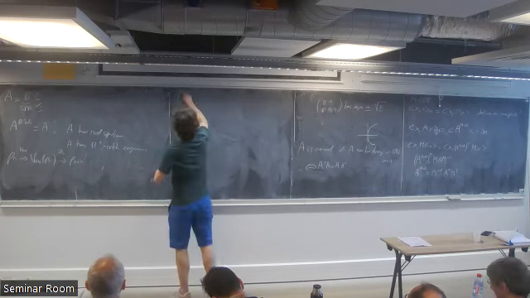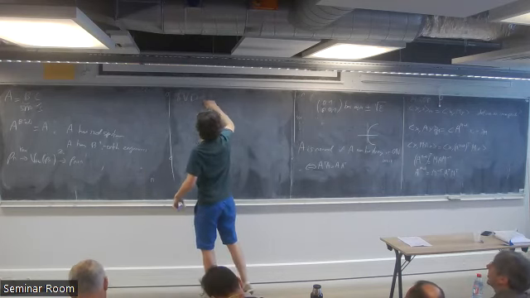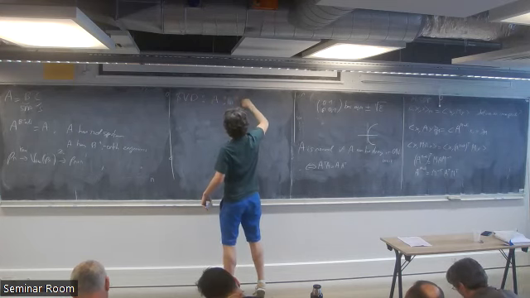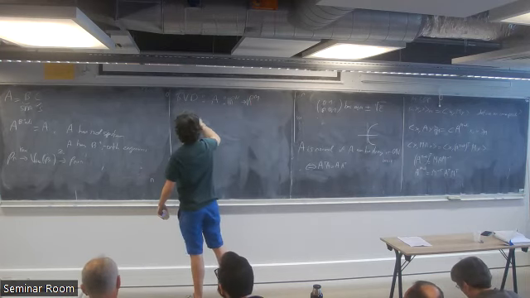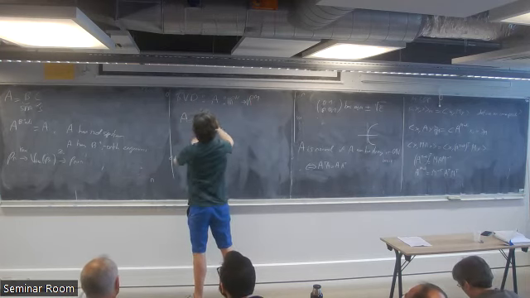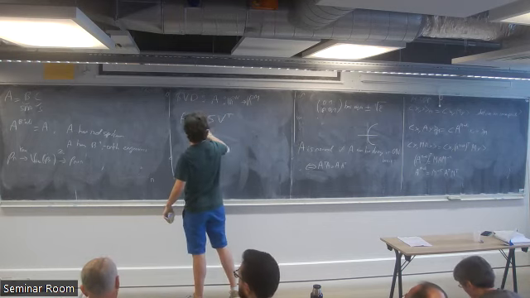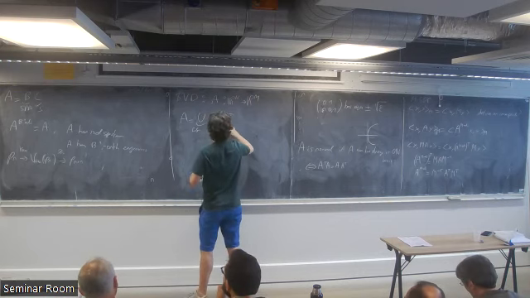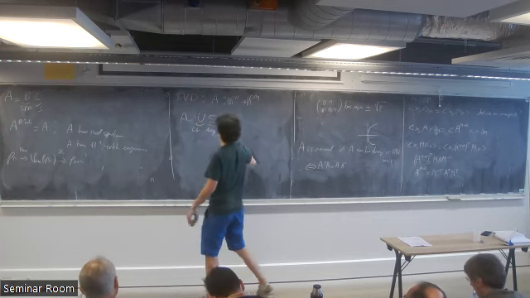Okay, so the SVD. The SVD says that any matrix A from Rn to Rm is equal to U S V transpose. U is an orthogonal matrix, V is an orthogonal matrix, and S is a diagonal matrix.